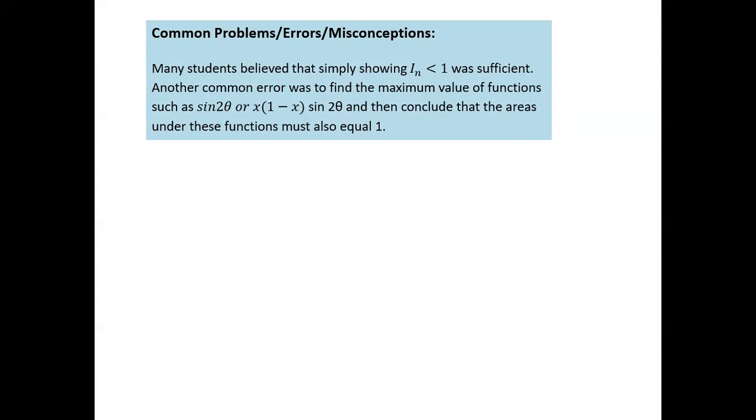They do not have any graph to justify, and they just conclude that the area, being less than 1, must be equal to 1 or less than. I think it's hard to just say it. So for this particular question, it's good if the student actually draws the graph and explains clearly.